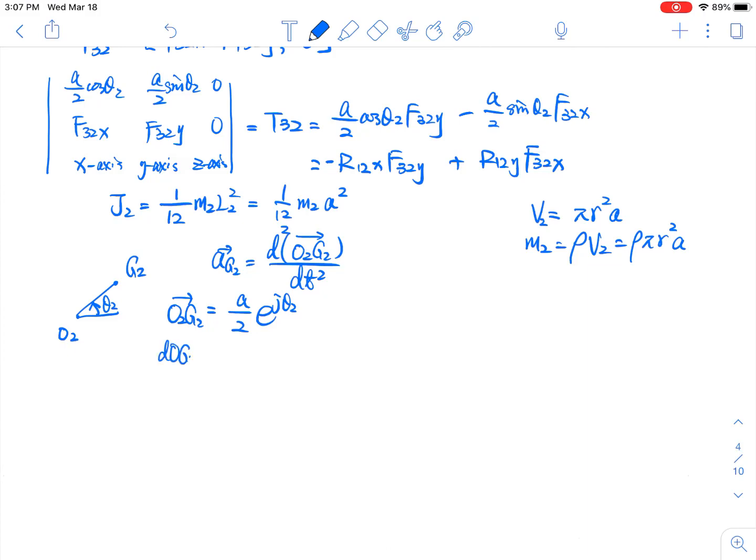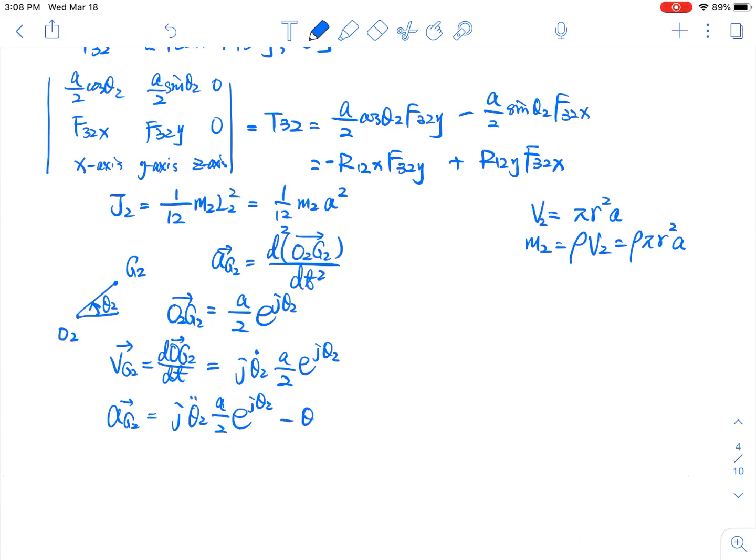So we know that dO2G2/dt, which is the velocity of your G2 point, should give you j theta 2 dot, half a e^(j theta 2), right? And then one more time derivative, we know the acceleration equals j theta 2 double dot half a e^(j theta 2) minus theta 2 dot squared half a e^(j theta 2).